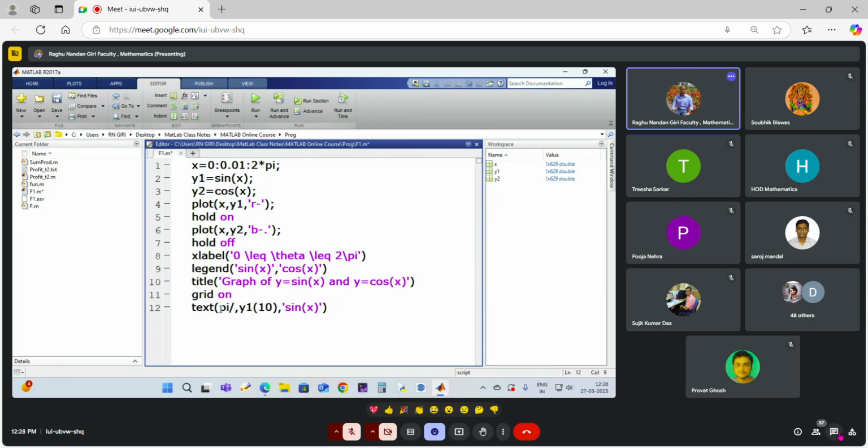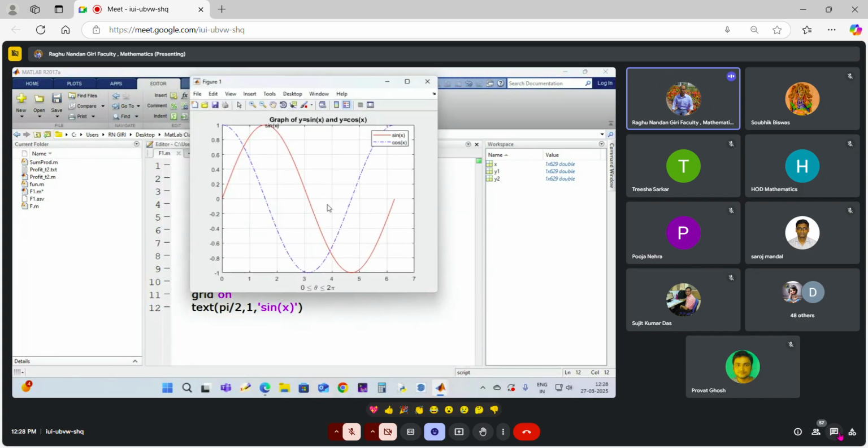Then what is the y value? The y value at that point, sin pi by 2, is 1. So at the top, at pi by 2, the y value is 1. Then there is the message sin x.